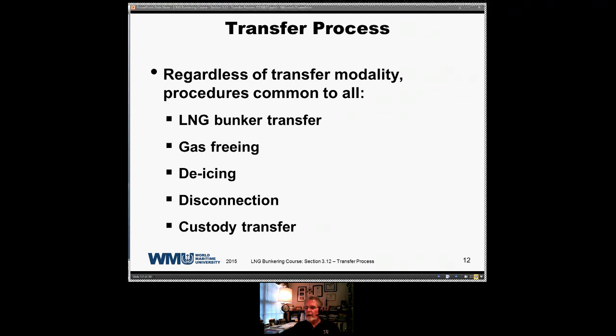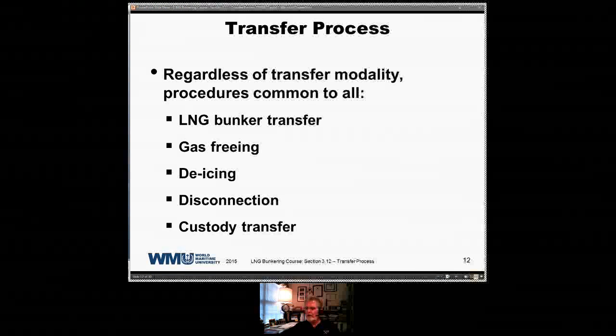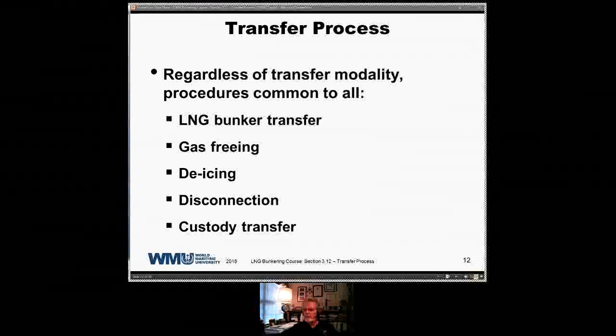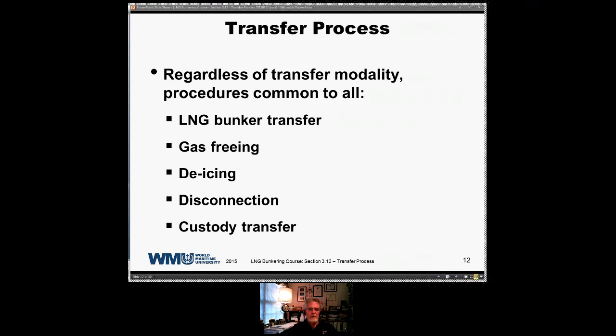Following that, we have to de-ice. If you did watch that video last night of the LNG tanker, you could see that during the actual operation, there's a buildup of ice on these arms. There's a buildup of ice on piping. There will be a buildup of ice on the hoses, and depending upon where the operation is being conducted, if it happens to be in an area where there's high humidity, that ice buildup can become considerable.